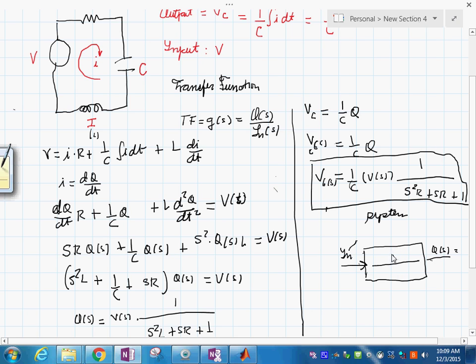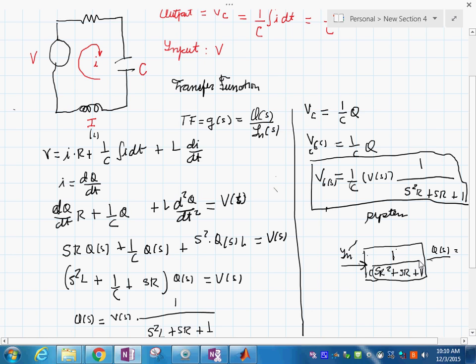So this transfer function is 1 over R squared, then it's correct.